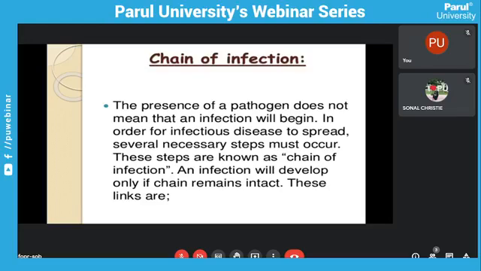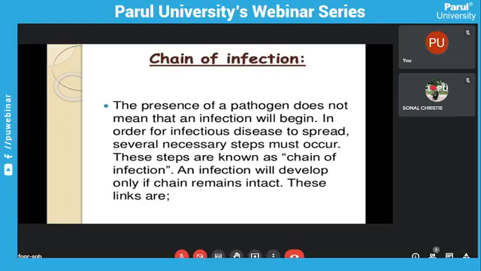In that, the presence of a pathogen does not mean that an infection will begin. Okay, if at any place there is presence of pathogens, that doesn't mean that infection has started. In order for infectious disease to spread, several necessary steps must occur.